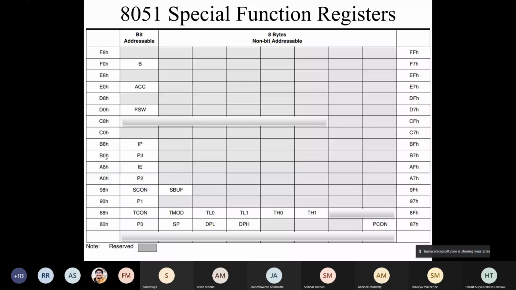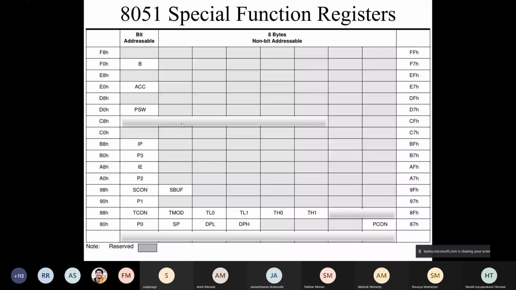The same is possible with DPL, DPH and the timers. Then there is one we haven't discussed so far, the PCON register, power control. This is a multifunction register, which is why they kept it separately. The gray ones are reserved registers. You can see that only some of the registers are utilized.